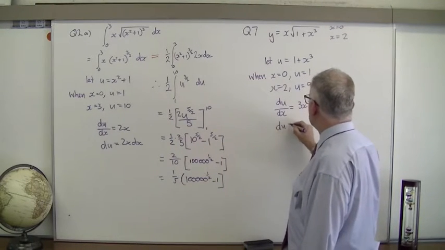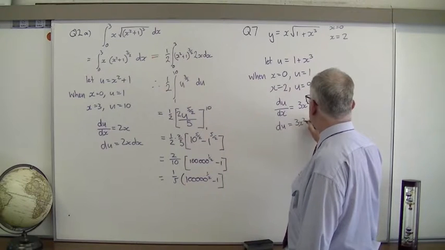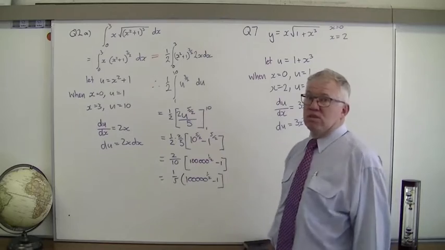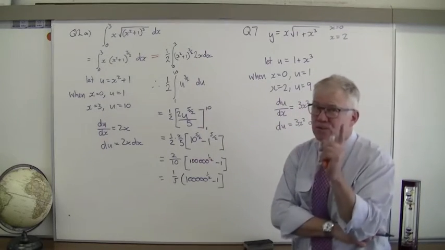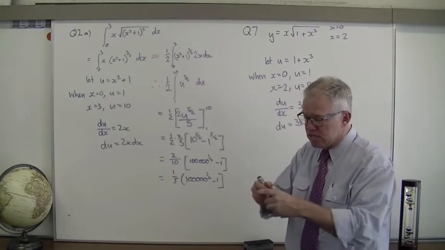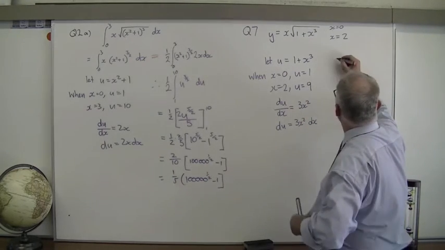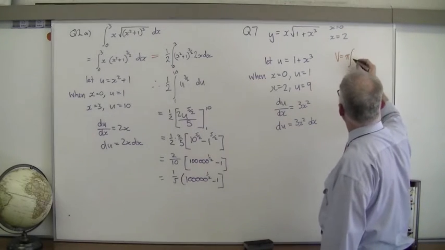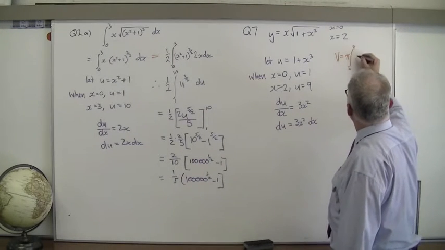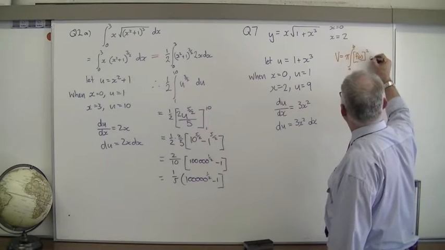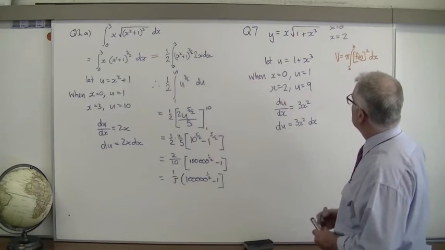So du is equal to 3x squared dx. Crumbs, how does this all work out? Well, remember, it's a volume of revolution question. So I'm just going to take you back to the last exercise. For a volume of revolution, we're going to have an expression that looks like this, an integral from a to b, and it's going to be the function of x in here, all squared dx.